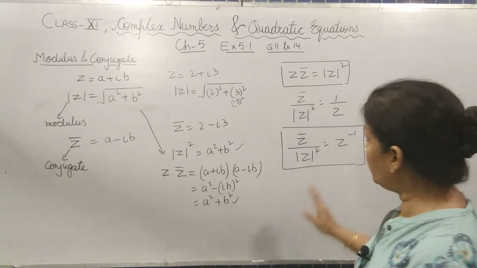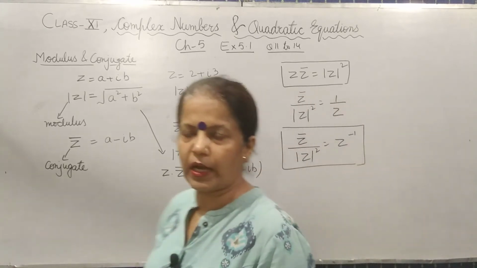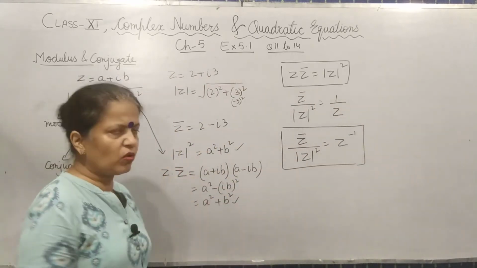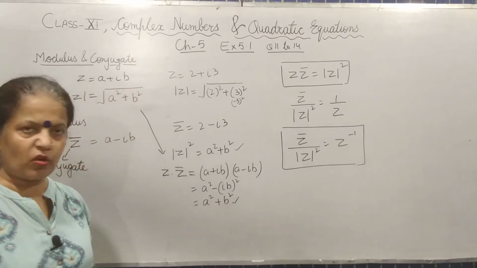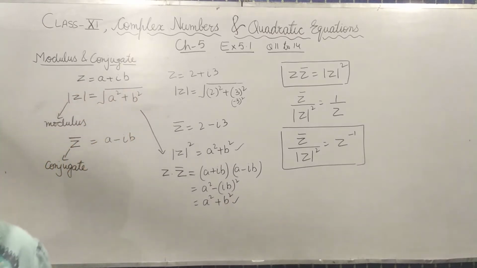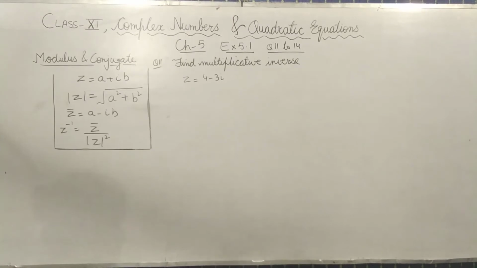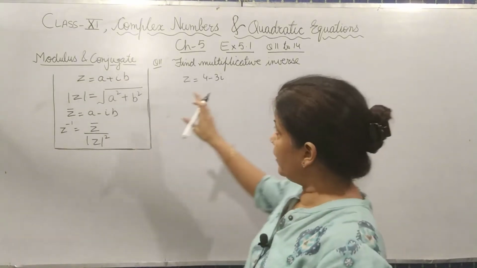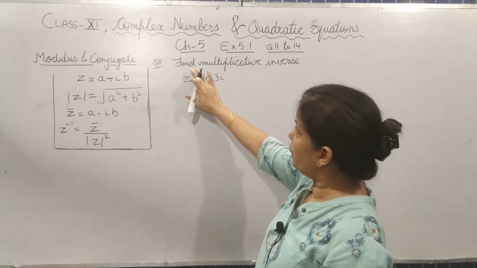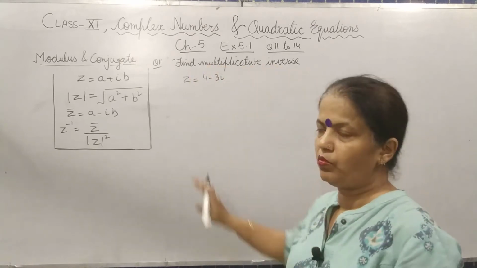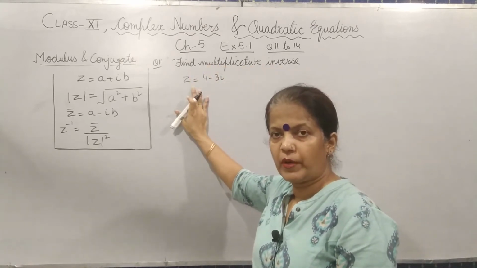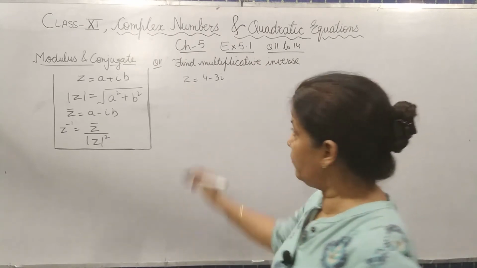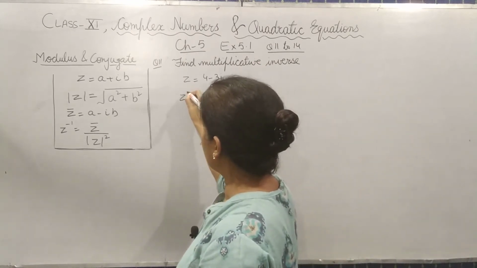Clear? So with the help of this identity we will find the answers of the next questions. Question 11. In question 11, they are asking to find the multiplicative inverse of this complex number. Multiplicative inverse means you have to find z inverse.